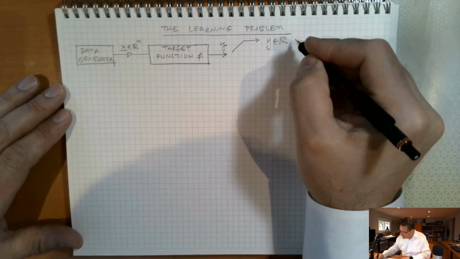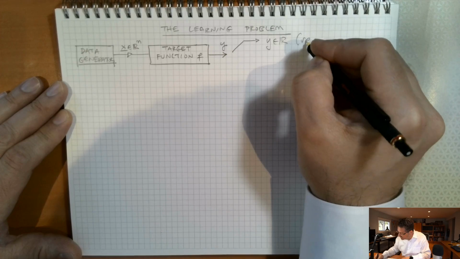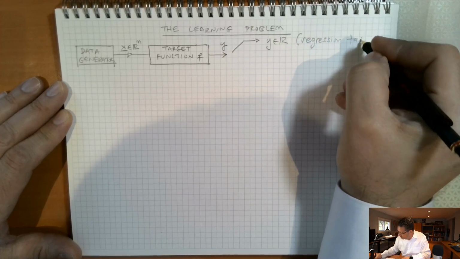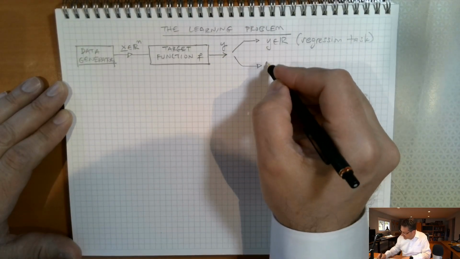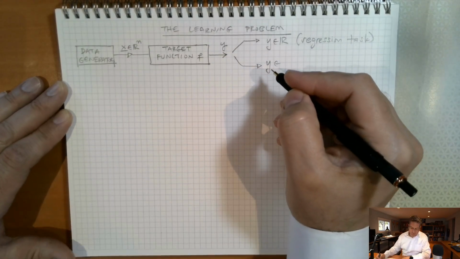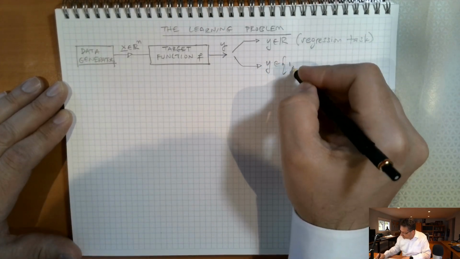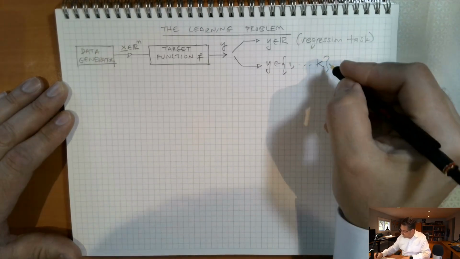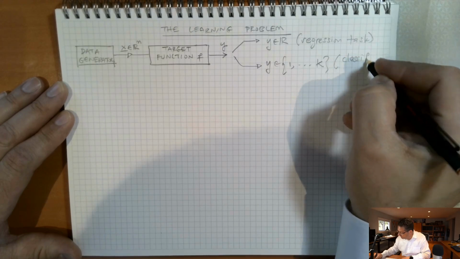In this case, this corresponds to the so-called regression problem. And the second case is when y belongs to a set of distinct classes, let's say capital K classes in total. And in this case, this corresponds to the classification problem.